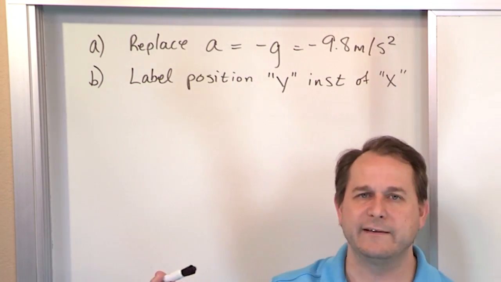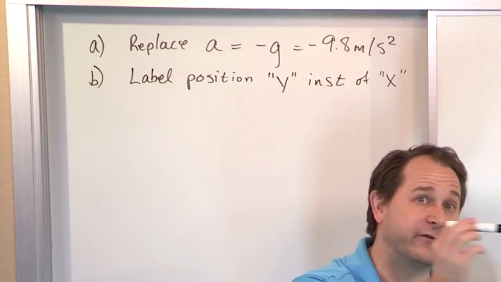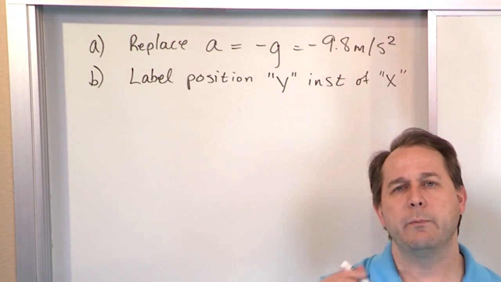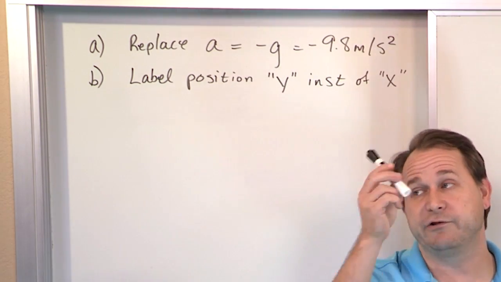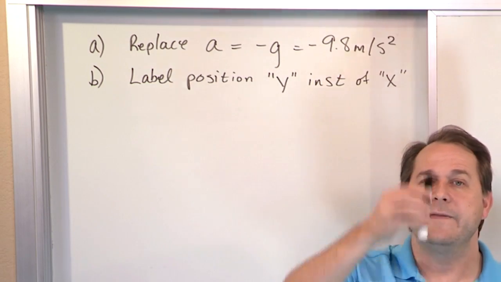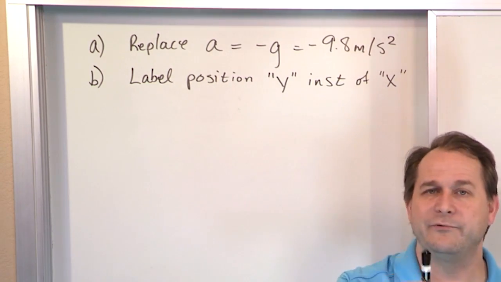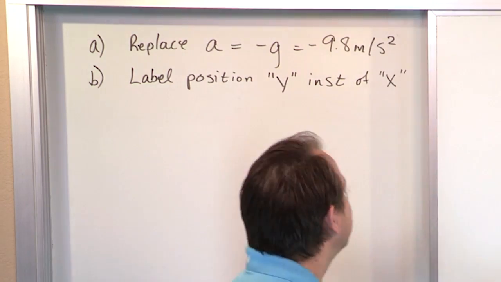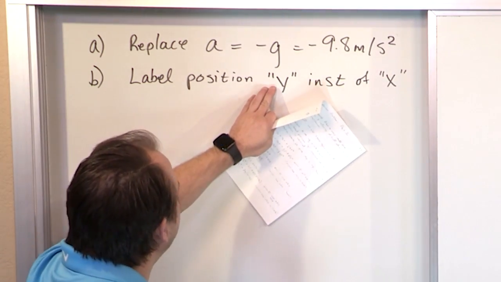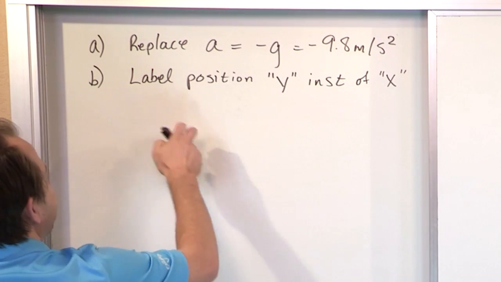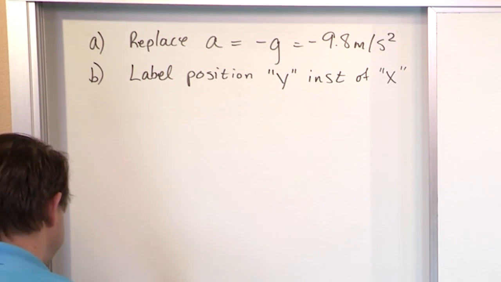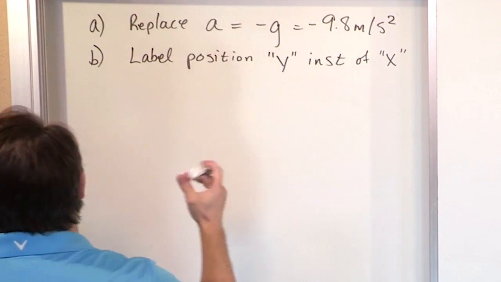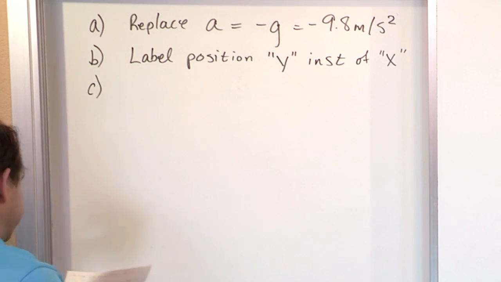Horizontal motion usually we call x, because you can think of an xy plane. X goes this way. But when we have objects going straight up and down, which is what we're doing in free fall motion, that's typically what we call the y direction. So just like an xy plane, positive y is up, negative y is down, and so on. So we're going to be using the variable y instead of x just because free fall motion goes up and down.